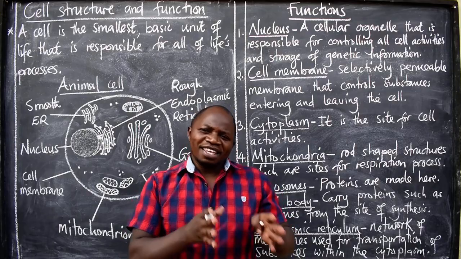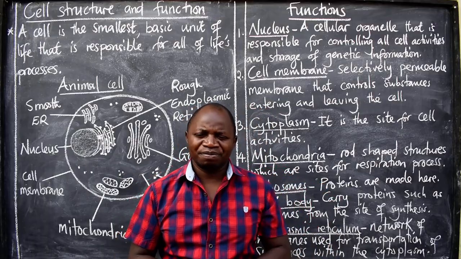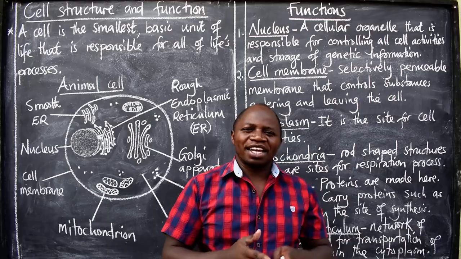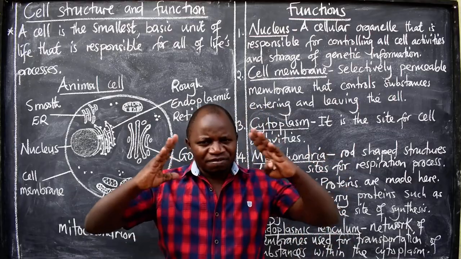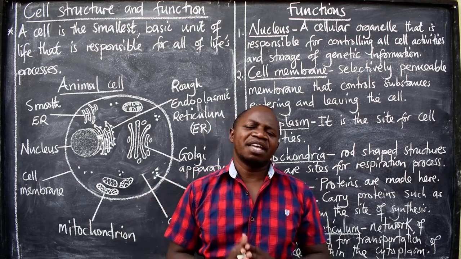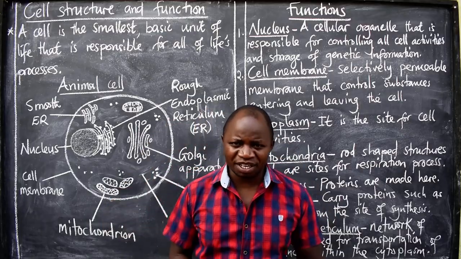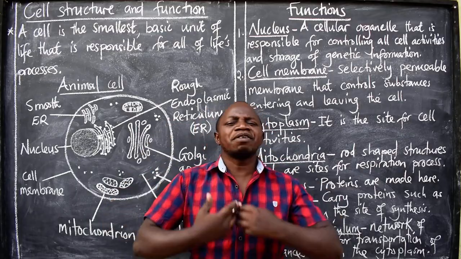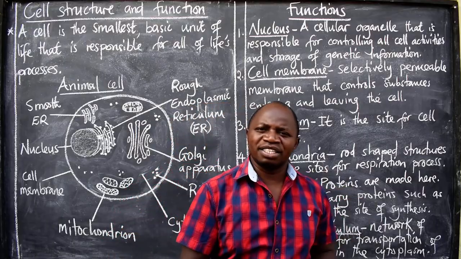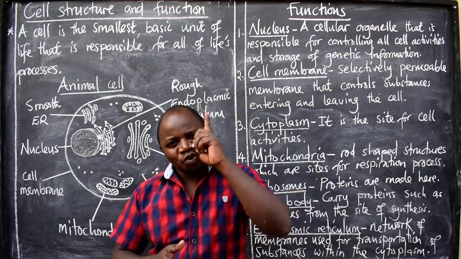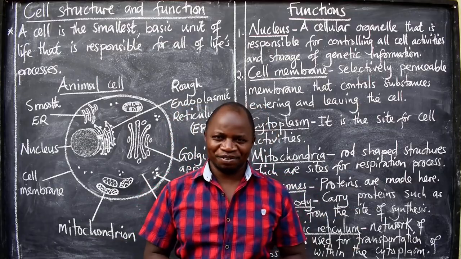Now, living organisms are in two groups. We have living organisms that are made up of different types of cells in their bodies, like human beings. We have different types of cells, and those different types of cells perform different functions. We also have living organisms that are made up of only one type of cell. But what do we call them?